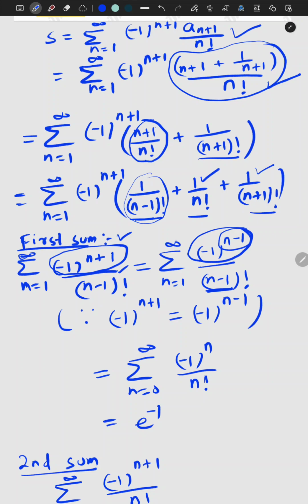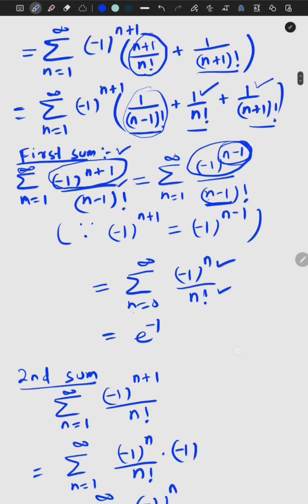So if we take n in place of n minus 1, then n should start from 0, because when n starts from 1 it gives 0 factorial, and the exponent is also 0. So the summation should run from n equal to 0 to infinity, of minus 1 to the power n divided by n factorial, which is nothing but e to the power minus 1.